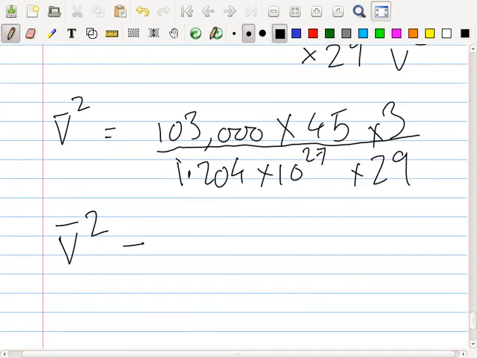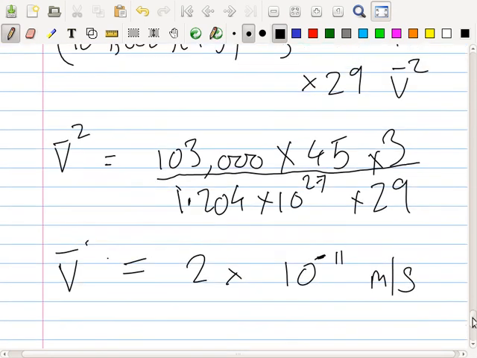So, Albert, what's this going to be? 1.995. Okay, so 2 times 10 to the power -11. No, that is v squared. Yeah, I take the square root of it. Thank you. 2 times 10 to the power -11. Yeah, that seems so small.